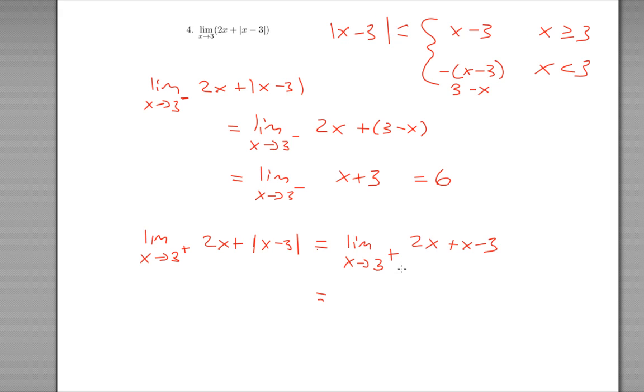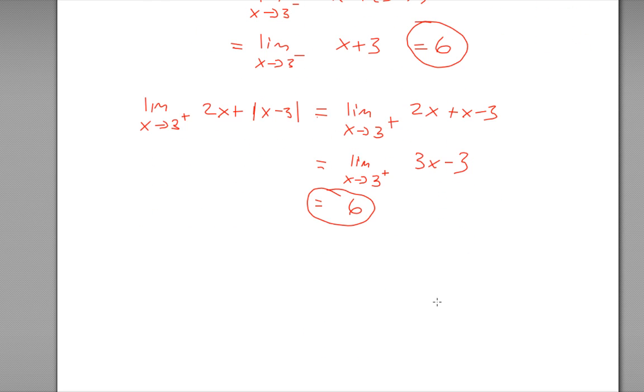And now we can go ahead and do this. 2x plus x is 3x. So this becomes the limit as x goes to 3 from the right of 3x minus 3. And so as x goes to 3, 3x goes to 9, minus 3, this equals 6. So you can see here that the limit as x goes to 3 from the left is 6, and the limit as x goes to 3 from the right is also 6.